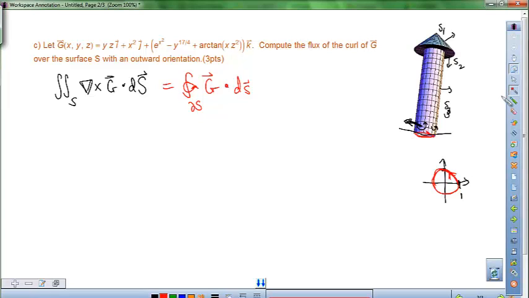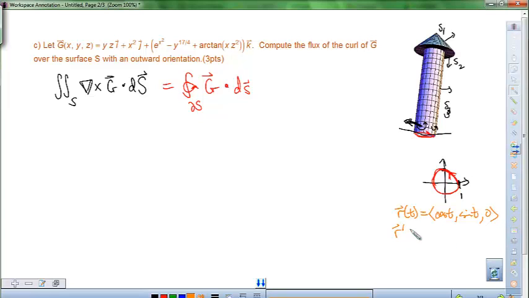Okay, so it looks like it might be important for us to give a parameterization for our boundary of S, and this parameterization is just your standard 1 times cosine of t, 1 times sine of t, and then we're flat on the xy plane, so it's going to give us a 0.